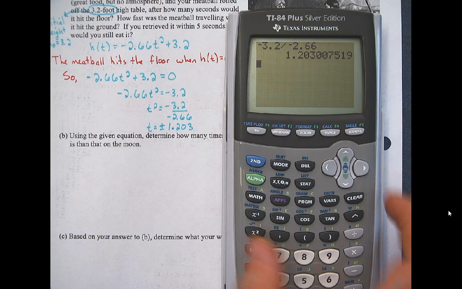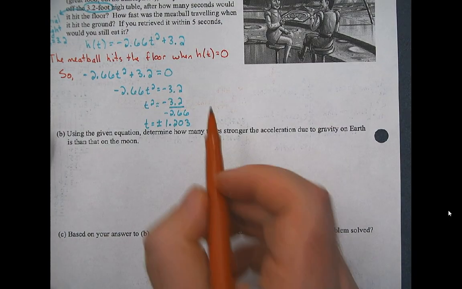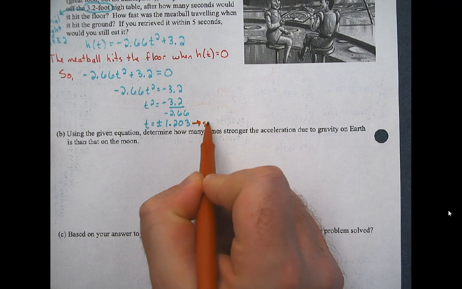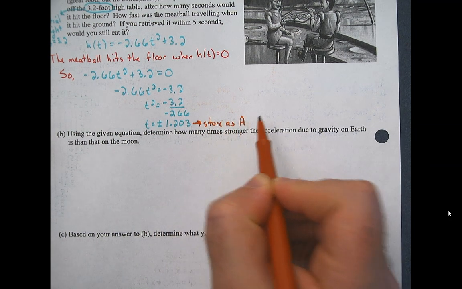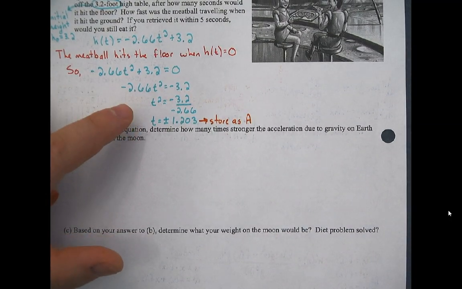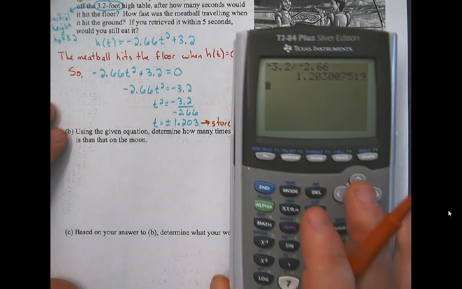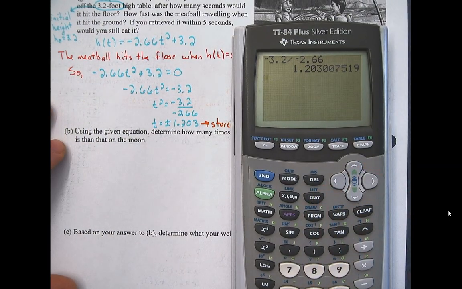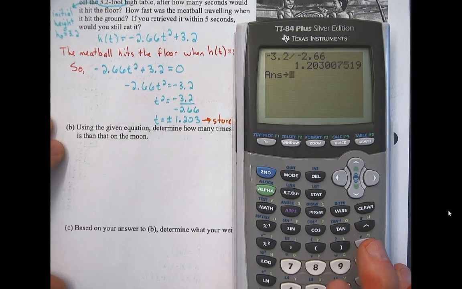But what I want to do here is store this as A. We're going to need to use this number later on, so we can store it now. If you hit the STO button down here at the bottom, hit store, and then choose alpha A and hit enter.